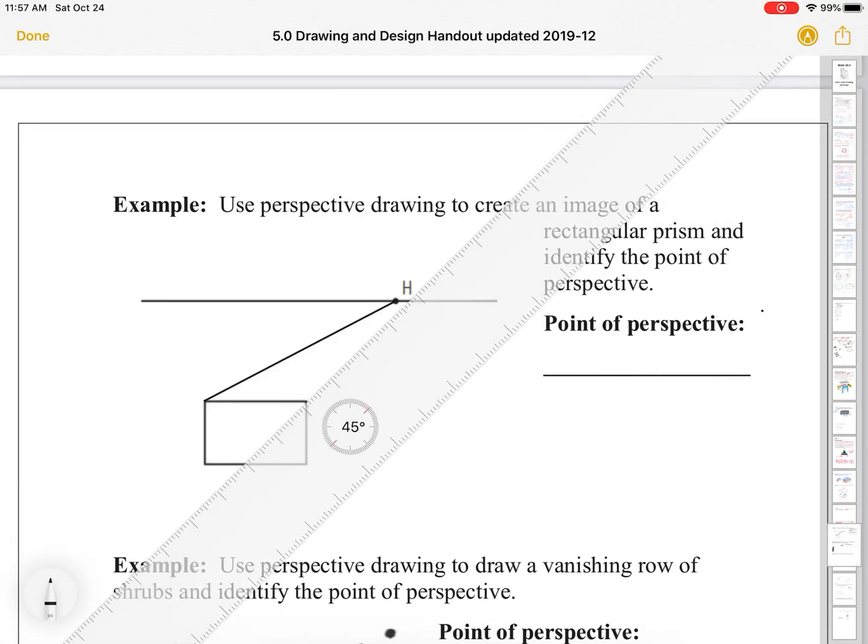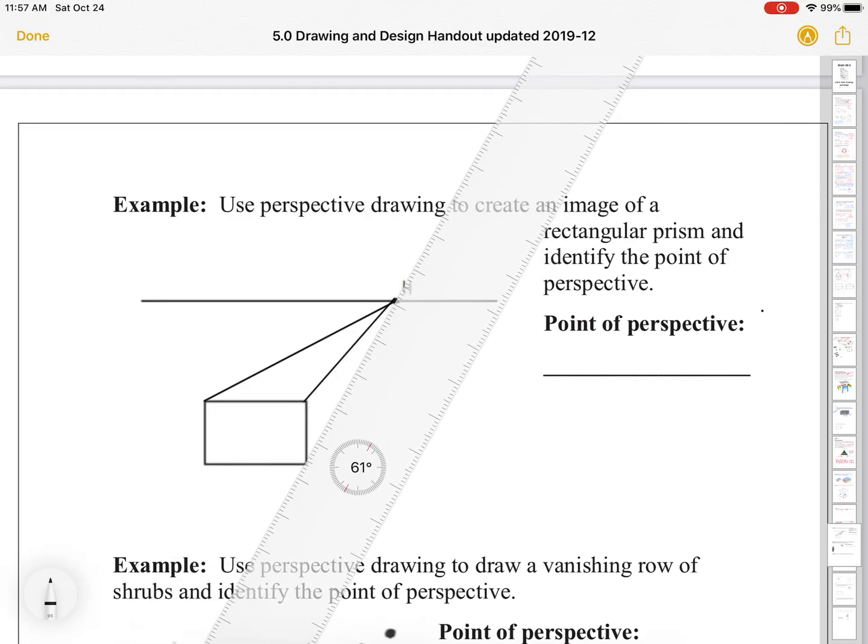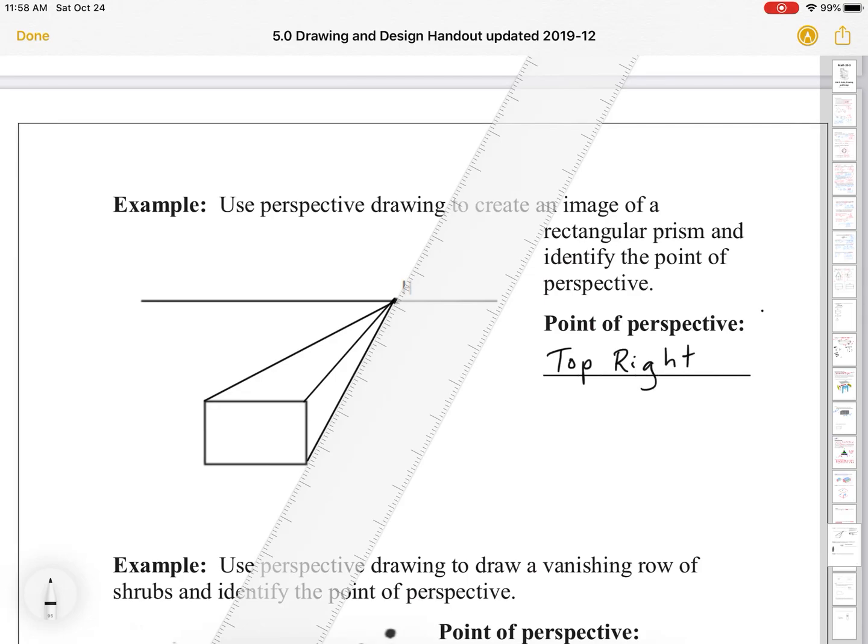If we connect all of our corners to that point, it looks like we have this rectangular prism that is disappearing into the horizon. The point of perspective for this, based on where we're looking from, would be the top right, because we're above it and it is moving to the right.